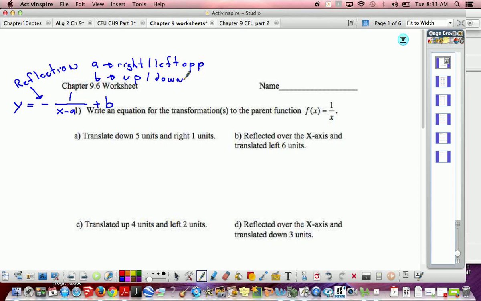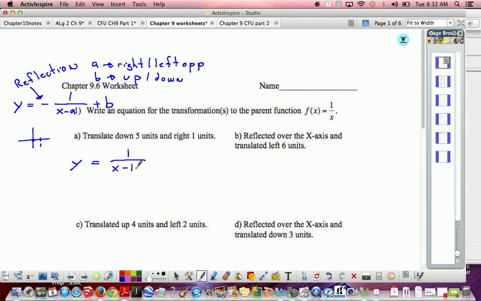So like in the first one, it says translate down 5 units and right 1 unit. So in this particular case, we're going to take y equals 1 over x. The translate right 1 unit, normally if we're thinking about that, we start at the origin, we're going over to the right 1. Normally we'd think right plus 1, but it does the opposite.